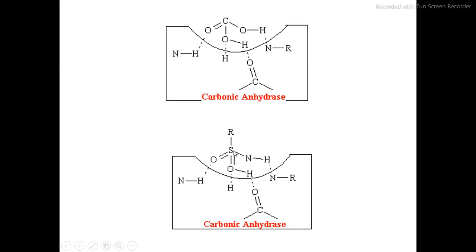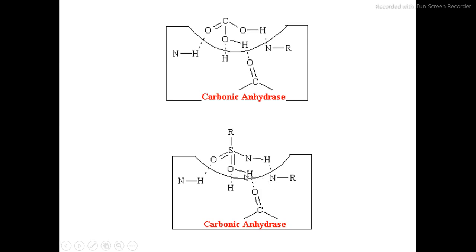The S double bond O can interact with the free nitrogen-containing amino acid. Another sulfamoyl NH proton can also interact here, similar to carboxylic acid. It is interacting with the amino acid nitrogen residue.